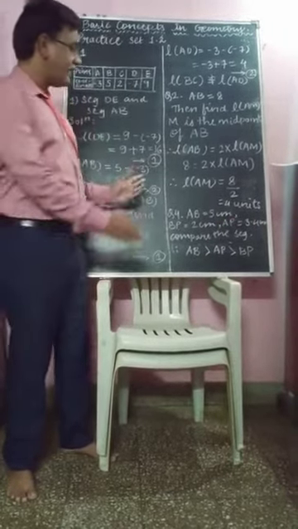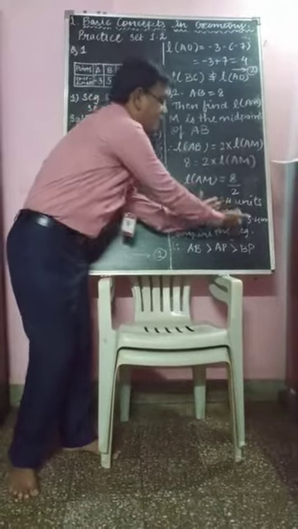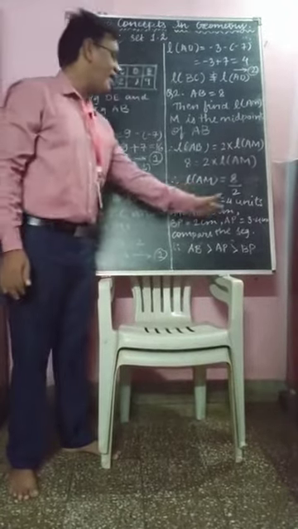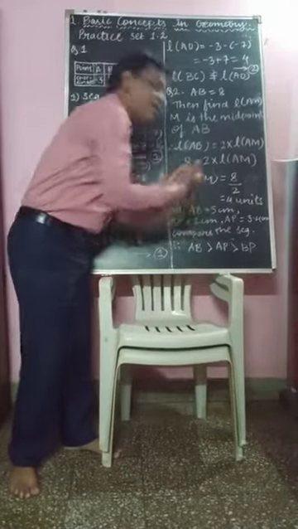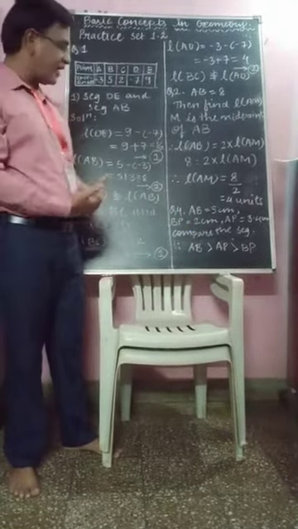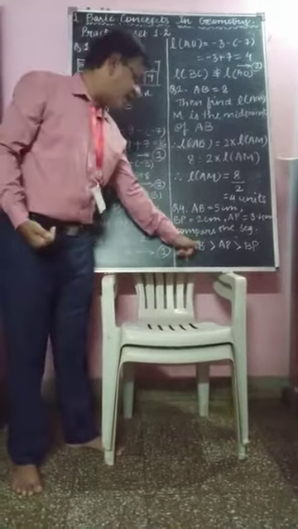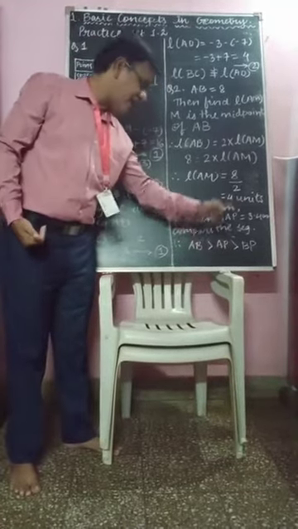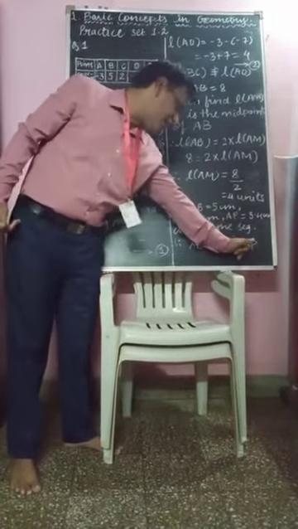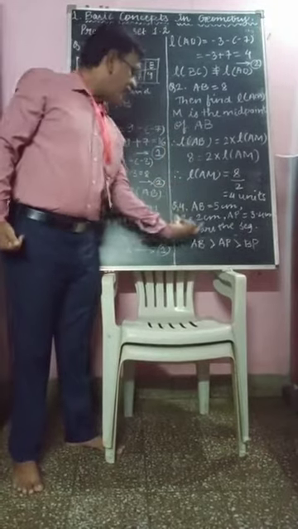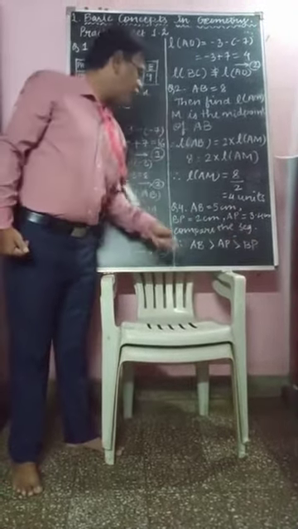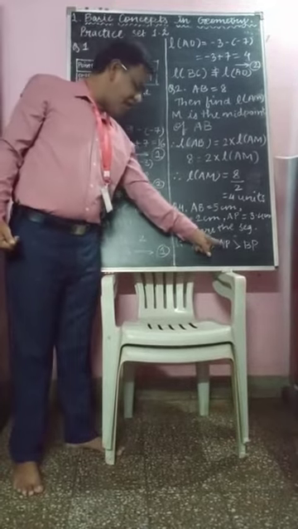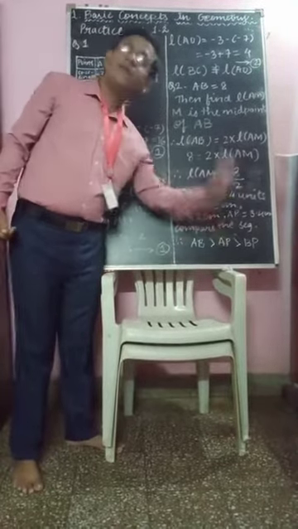So first you can say that AB is greater than AP because it is 5 and 3.4, and again AP is greater than BP. So lastly you can say that AB is greater than AP and AP is greater than BP, means the greatest length is AB and the smallest length is BP.